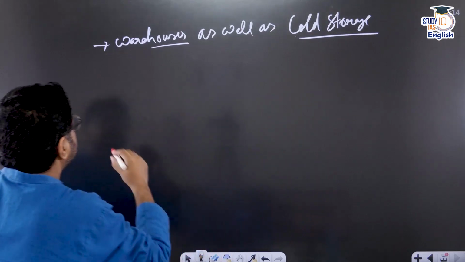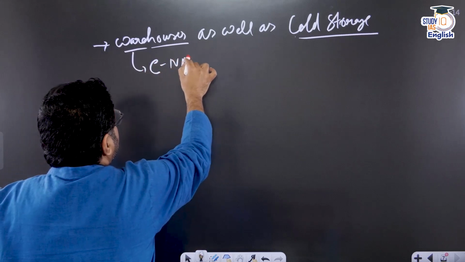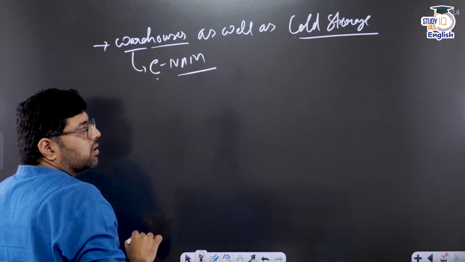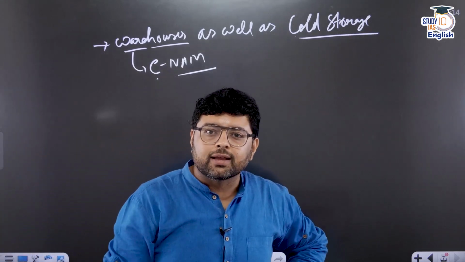Now moving further, when we cover ENAM, that is Electronic National Agriculture Market, don't think it's non-aligned movement which you study in IR. Okay.